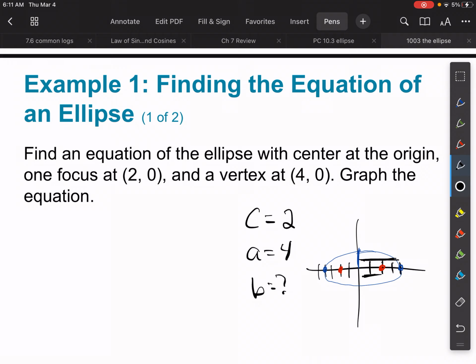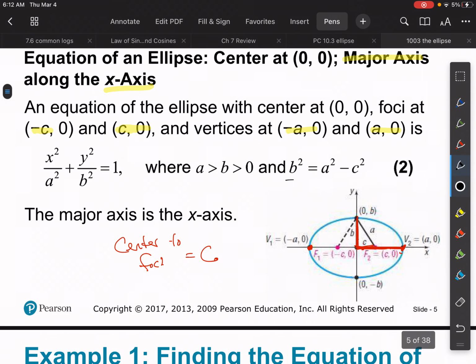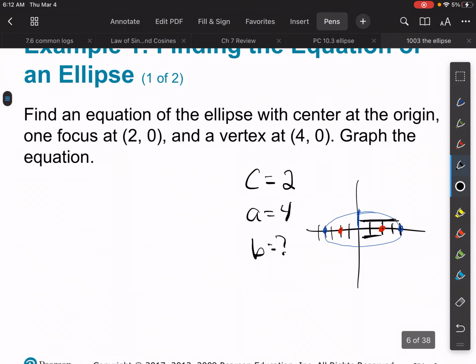So the first thing I want to do is find b. To find b, remember that in all of these equations b squared is going to equal a squared minus c squared. Since I know a and c, b squared is equal to 4 squared, which is 16, minus c squared, which is 2 squared, which is 4.